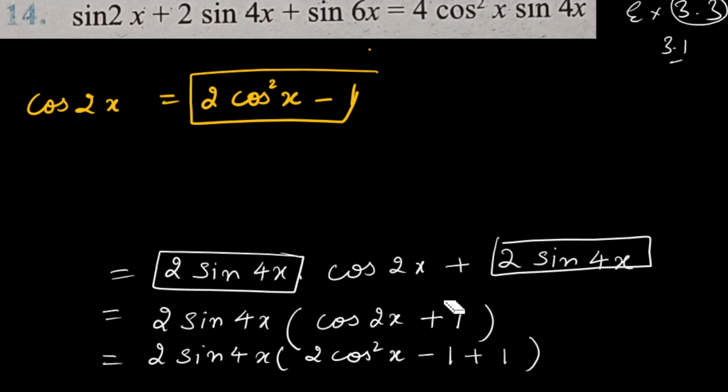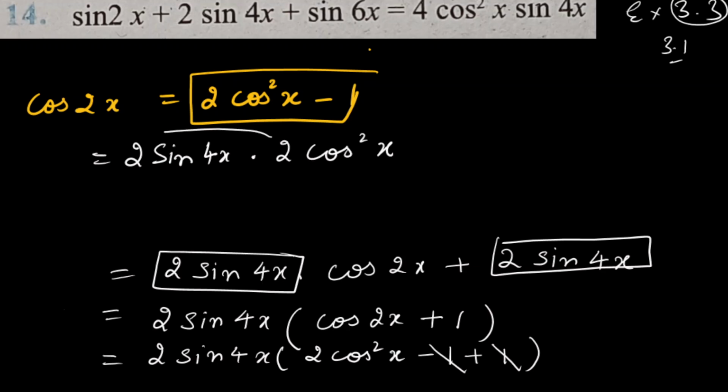I have just written the value of cos 2x. Cos 2x is 2 cos square x minus 1. Now plus 1 and minus 1 will get cancelled. So what I am left with now is 2 sine 4x into 2 cos square x.